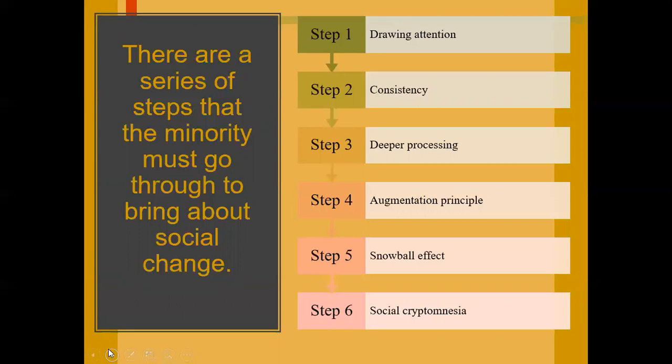Don't be scared of the big word. Cryptomnesia does sound a little bit, at the end, like amnesia, and is linked to that type of thing. So we'll discuss it further. So these are the 6 steps in order for the minority to bring about the change. So let's make a start.